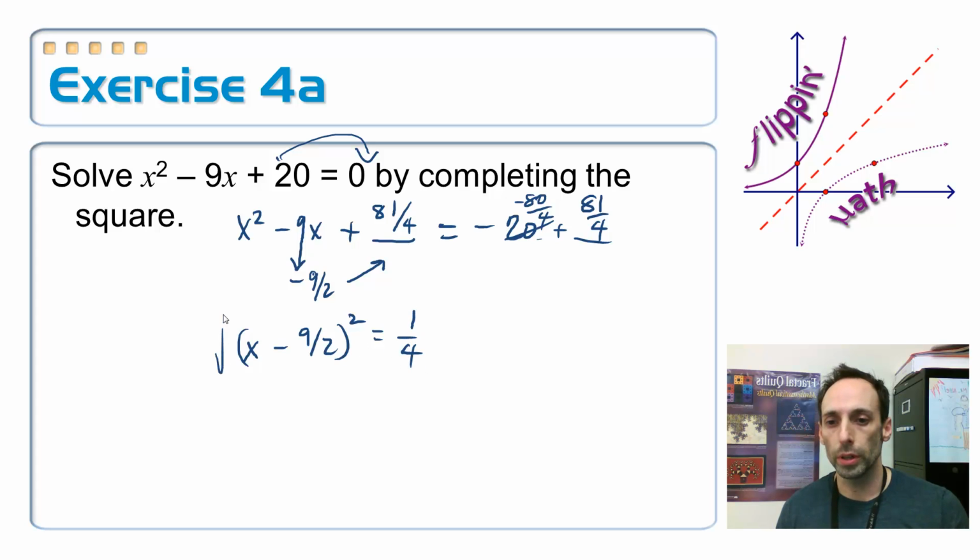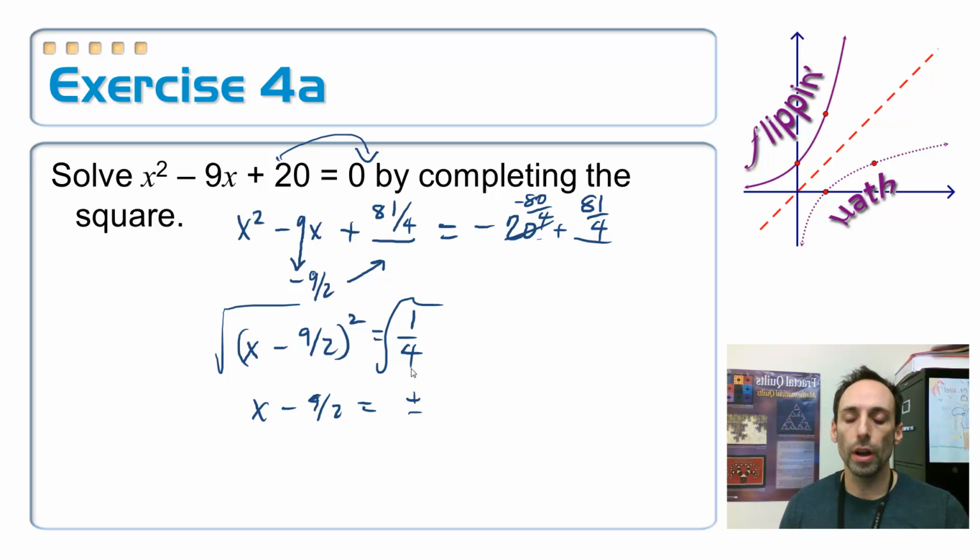Take the square root of both sides. X minus 9 halves is equal to, plus or minus, you take the square root of the top and the square root of the bottom, that gives you 1/2. Then finally add this 9 halves over, x equals 9 halves plus or minus 1/2.